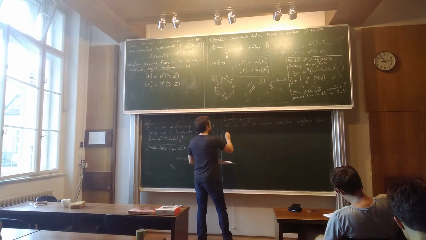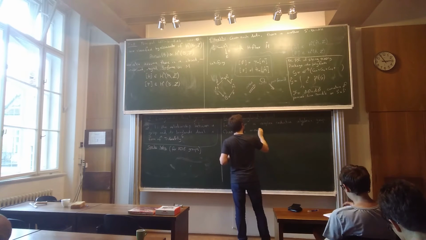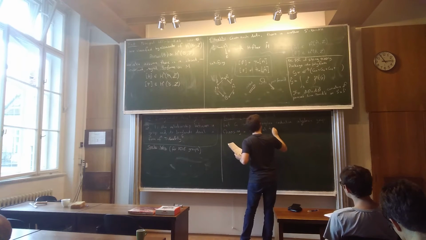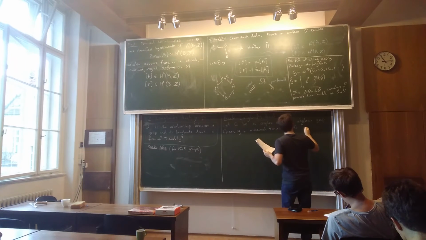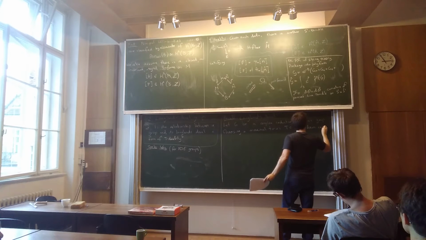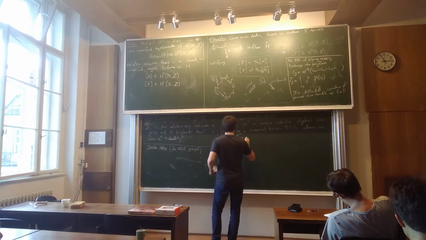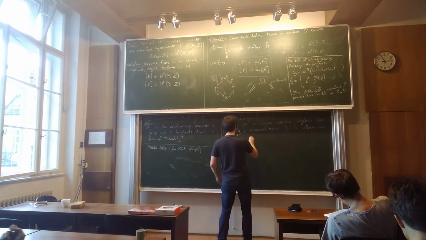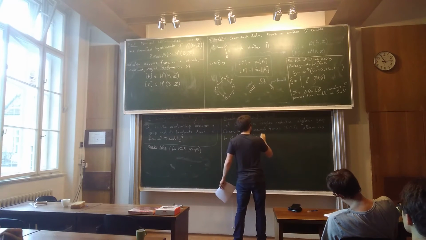Okay, choosing a maximal torus inside G allows us to define roots and co-roots, or root datum as it's called.